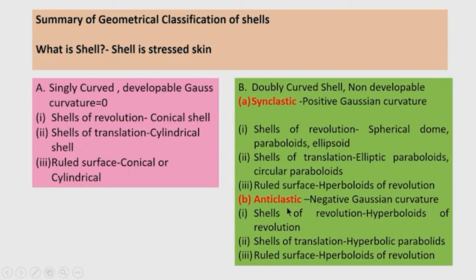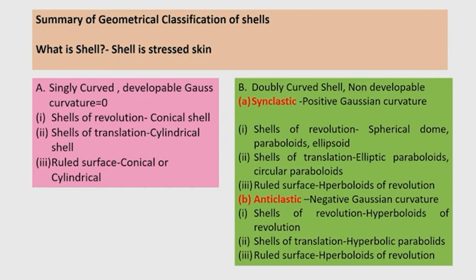For anticlastic shell, with negative Gaussian curvature, shells of revolution may be there, and these are hyperboloids of revolution. Shells of translation may be there, that is hyperbolic paraboloids, and ruled surface is another category of anticlastic shell, that is found in hyperboloids of revolution.